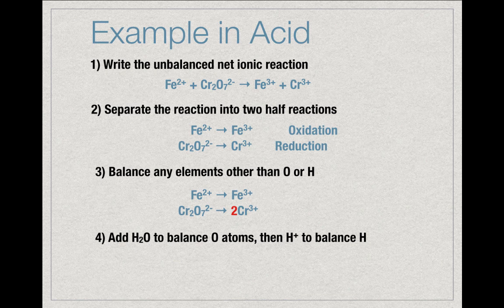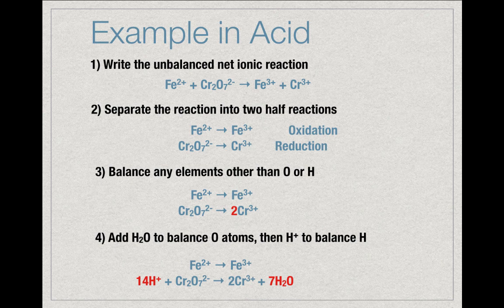Now we want to balance our oxygens and hydrogens. So we're going to add water to whichever side we need in order to balance oxygen atoms in each half reaction. And then after adding water, we'll add H+ in order to balance any of the hydrogens that are out of balance. So once again we see our iron with no oxygens, it doesn't need any water. Our second step, however, does need to add some oxygen there.